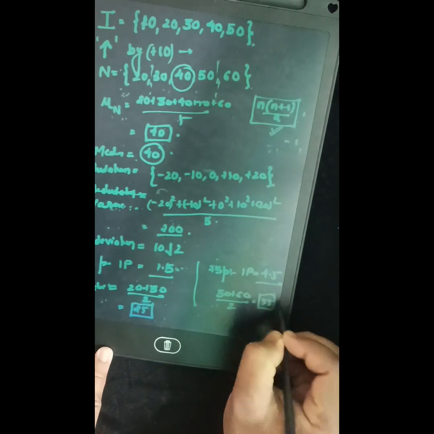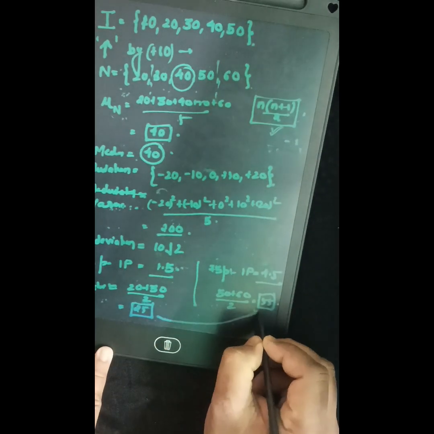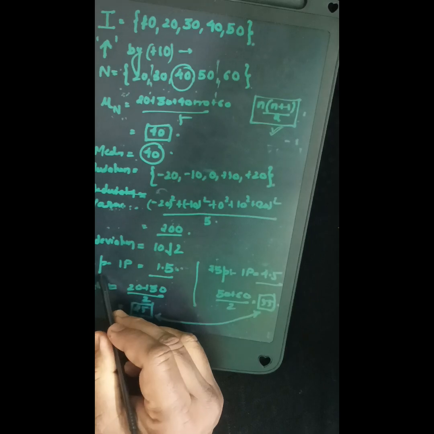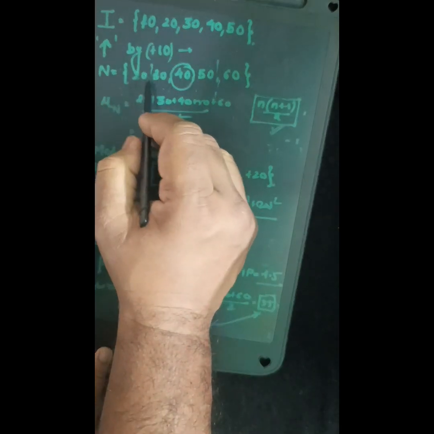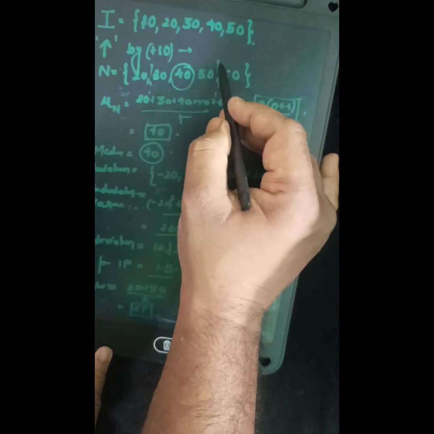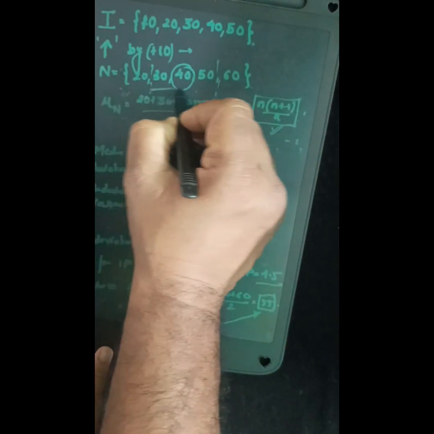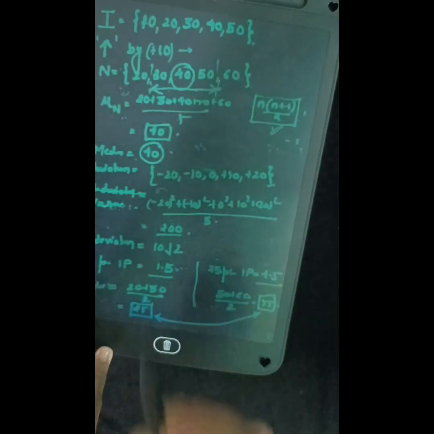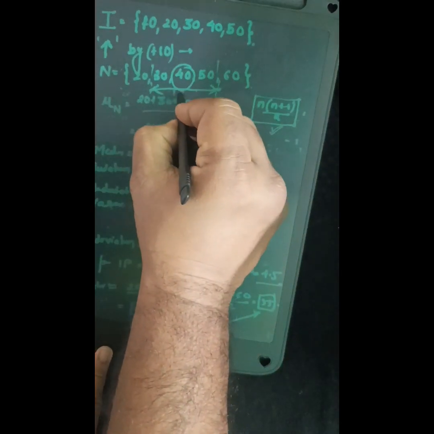that is 55. So see, the 25th percentile value is in between 20 and 30, that is 25, and between 50 and 60 it comes out to be 55. So in between this range is called the interquartile range.